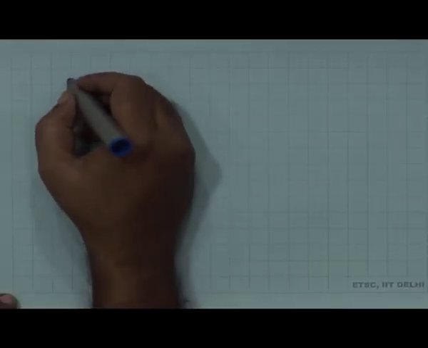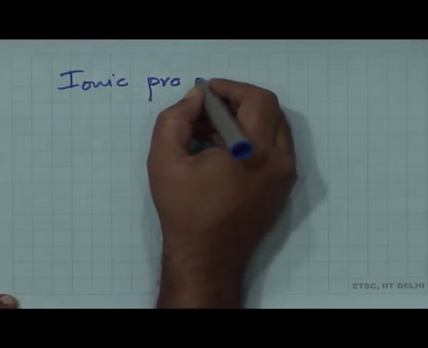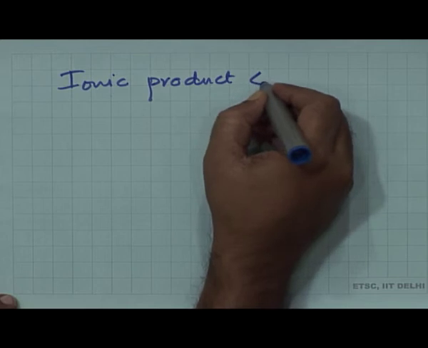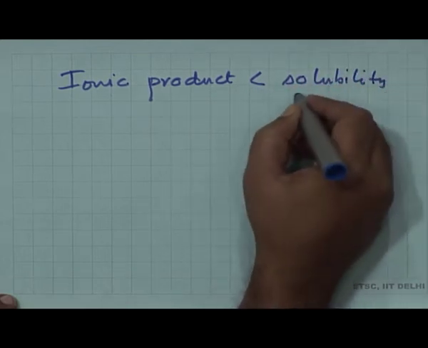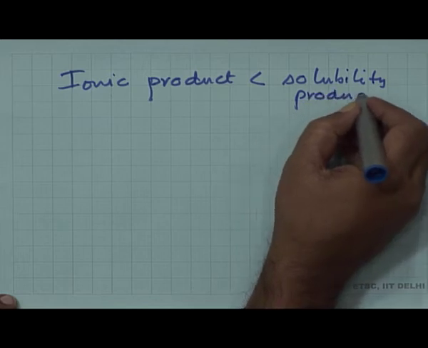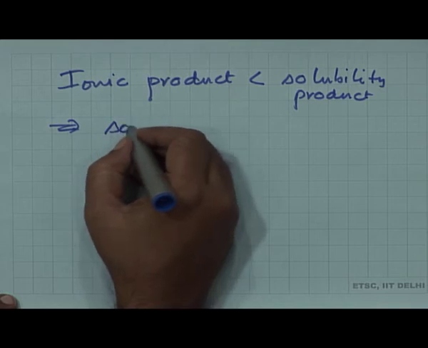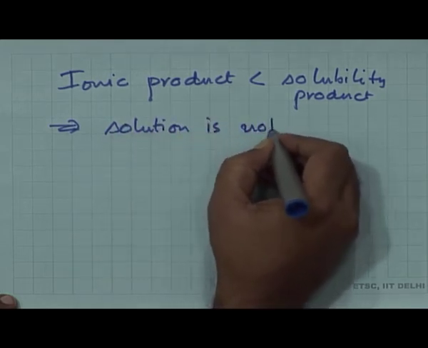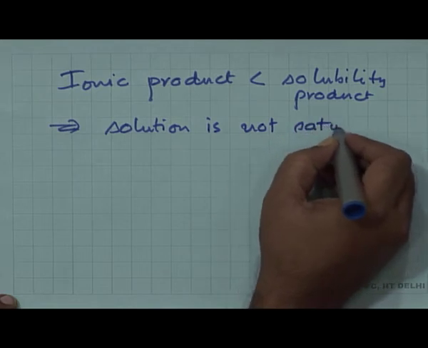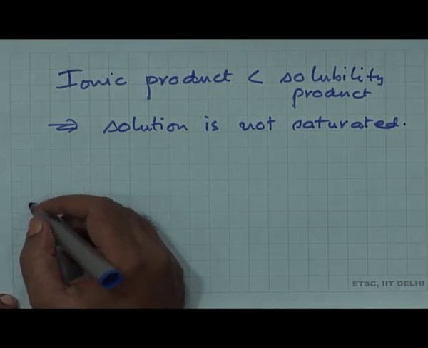So, when ionic product is less than solubility product, then your solution is not saturated.